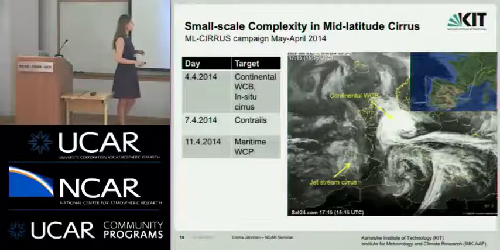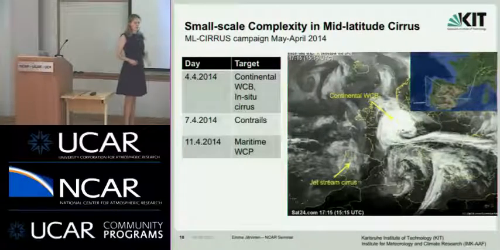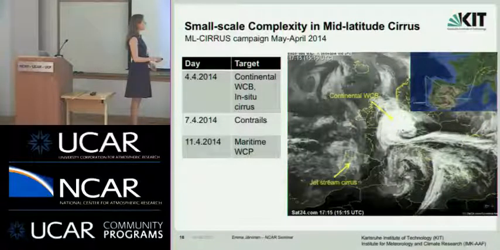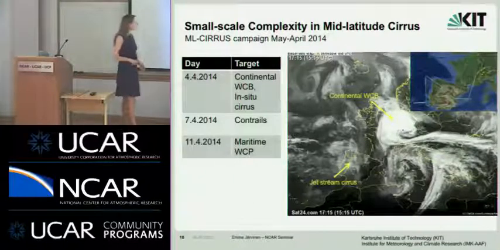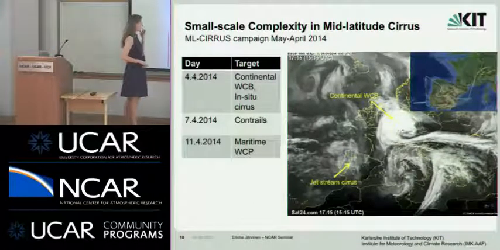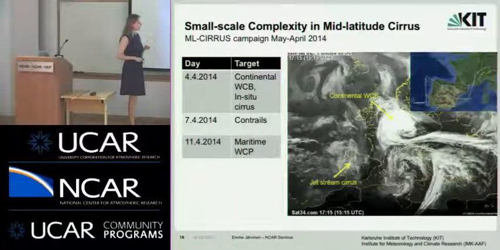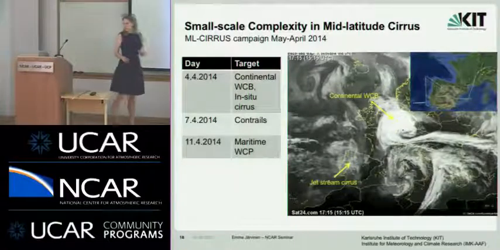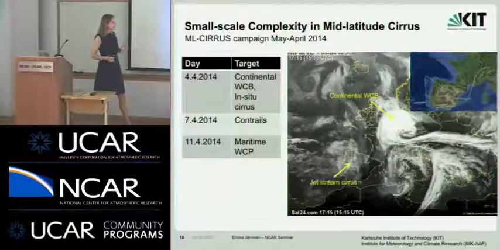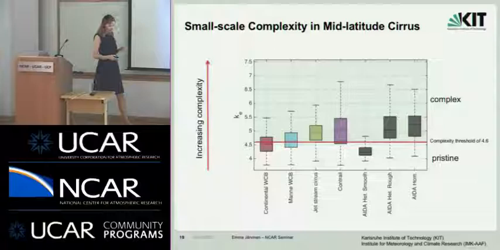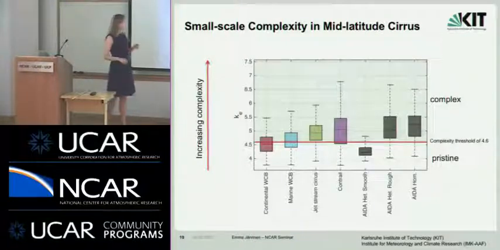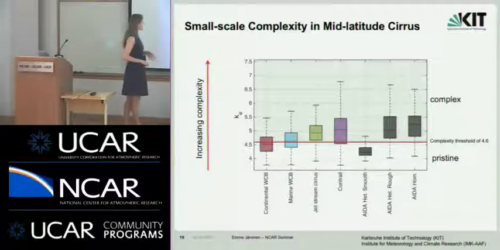We were flying in different meteorological situations that we can find in the mid-latitudes. We had warm conveyor belts with continental or maritime origins, or we also had jet stream cirrus. We were trying to figure out how the ice particle morphology in these different systems might differ. So I'm going to skip all the other microphysical measurements and only show you how the small-scale complexity is in these different systems.